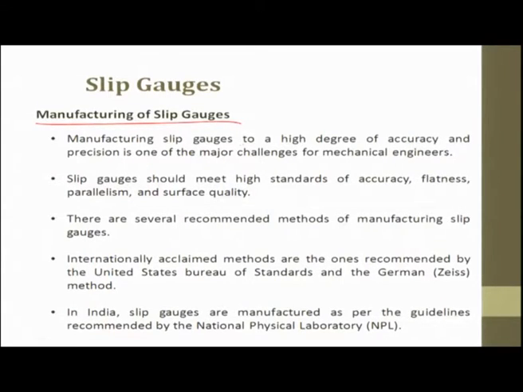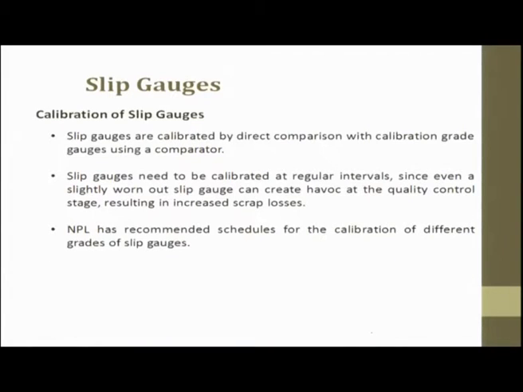Manufacturing slip gauges to the highest degree of accuracy and precision is one of the major challenges for mechanical engineers. The accuracy, flatness, parallelism and surface quality have to be maintained. The international methods recommended are the United States Bureau of Standards method and the German Zeiss method. In India, NPL has the standard wherein they make the slip gauges or calibrate the slip gauges that are manufactured, and they maintain the standards in India.